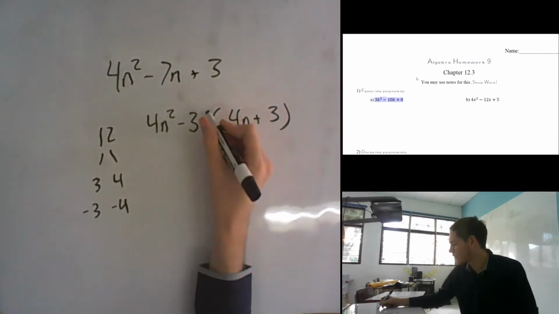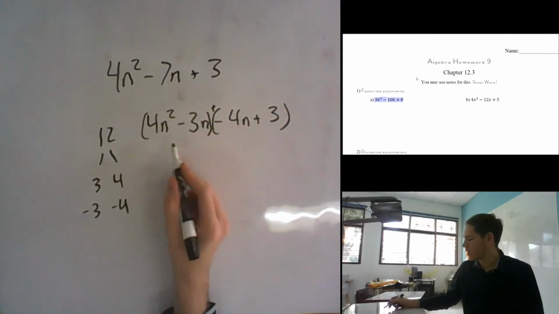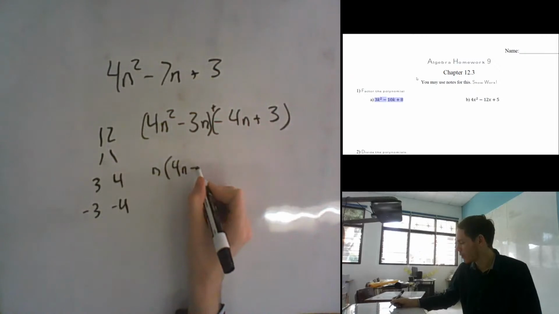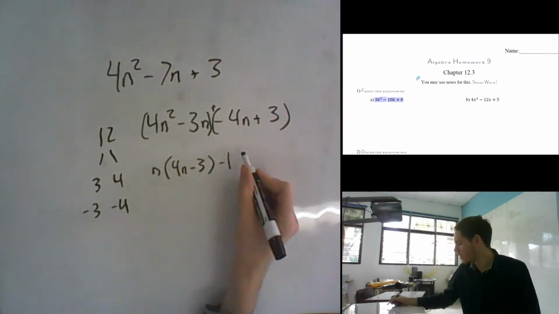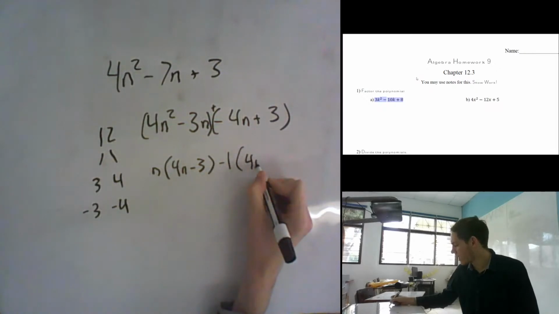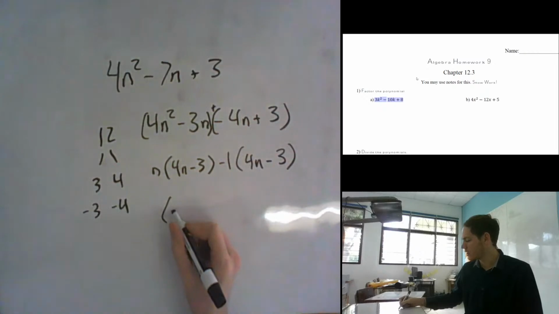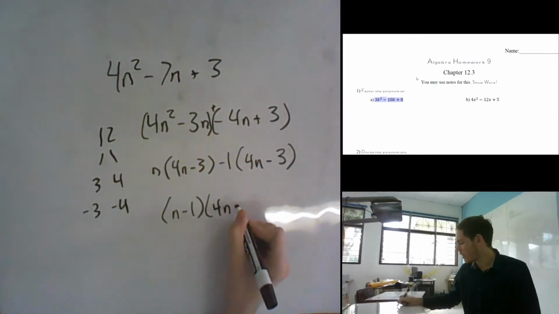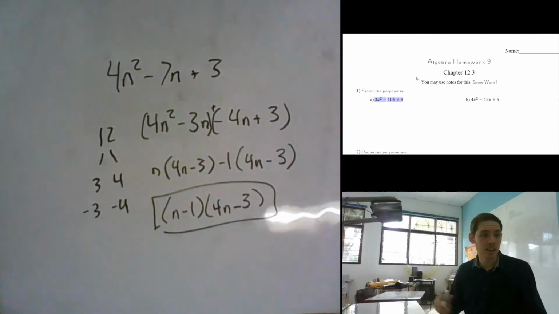And then you group the first and the second things. Factor it off, so you get n times 4n minus 3 minus 1 times 4n minus 3. If these two are the same, then you can go n minus 1 times 4n minus 3. And that would be our factors.